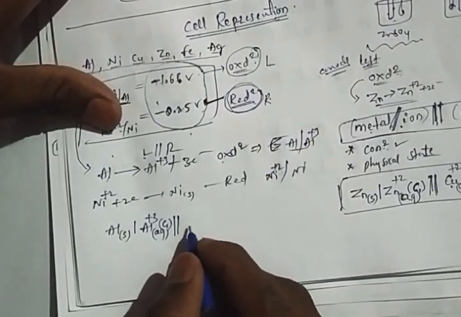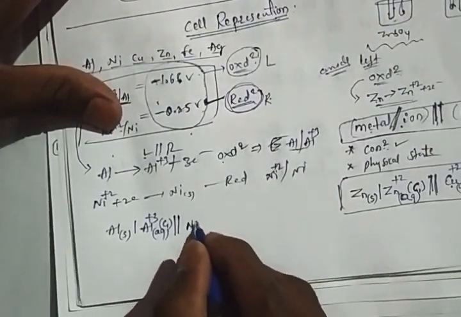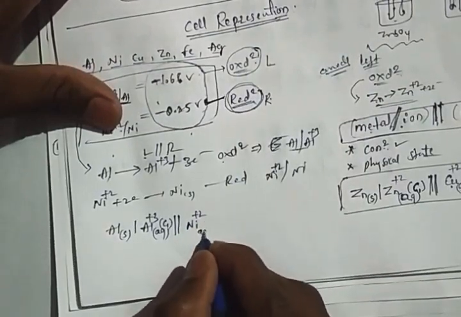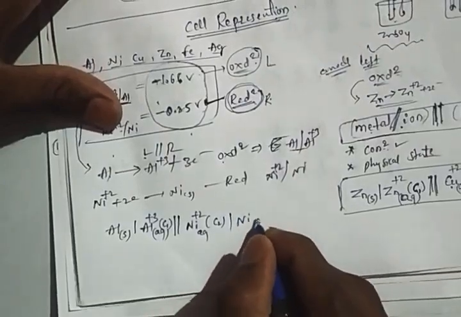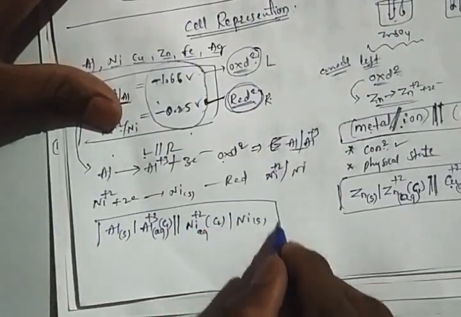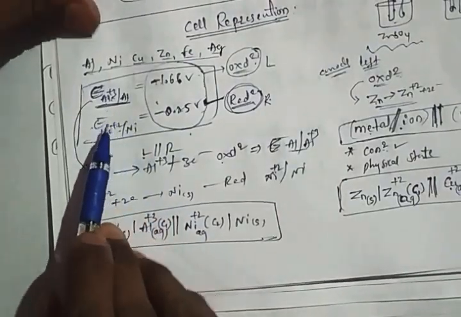Now the right hand side, reduction. Which is reduction? Nickel. So here Ni plus 2 aqueous, in bracket its concentration, bar nickel solid.